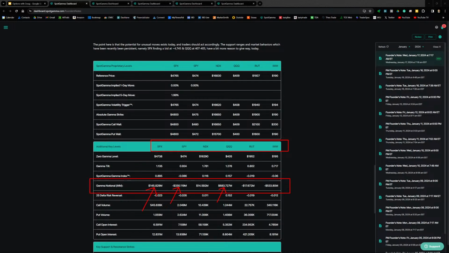And just to understand what this means, in a negative gamma environment, this indicates that traders are long puts. This is what SpotGamma assumes. Traders are long puts, market makers are short puts, and in that environment they have to trade with price to hedge their delta exposure.